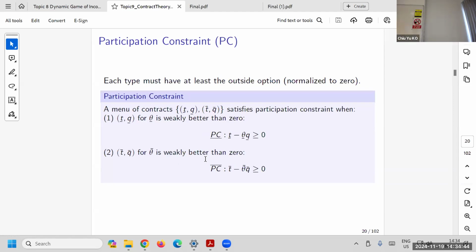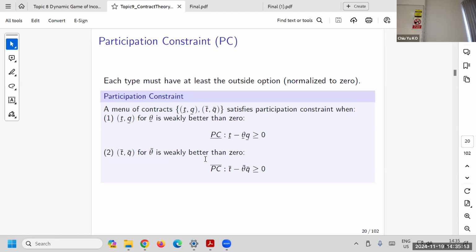So sometimes this is called the participation constraint or individual rationality. It's saying that we specify an outside option, which we normalize to 0 because that guy can do nothing, right? We normalize to 0 here because otherwise this should be F, the fixed cost.